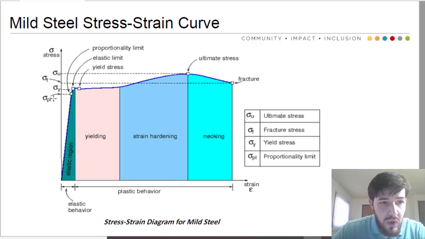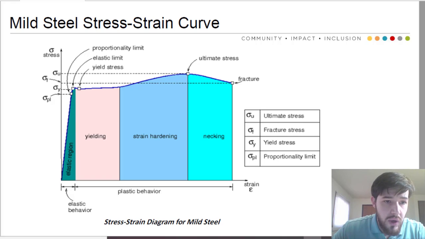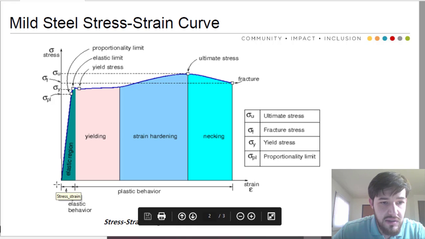So if we load the specimen up to one of these two points and after that remove the load, the steel specimen can return back to its original state.